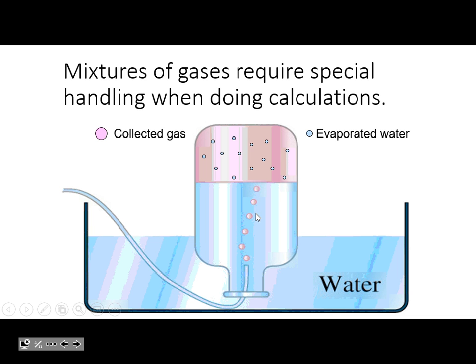So I am filling up this bottle with this pink gas, but as I'm filling it up, notice I have these little dots in here also. Well, those are evaporated water particles. So not only do I have the collected gas, but I have water vapor in there also. So I have the pink gas and I have water vapor.